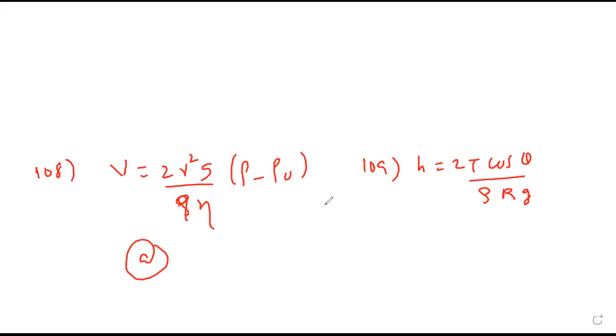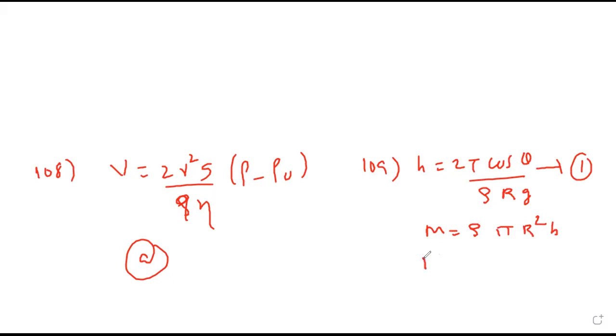Now I have to convert this answer in terms of mass. We know this formula, now we want mass. Mass is density into volume. Volume is area of base into height.